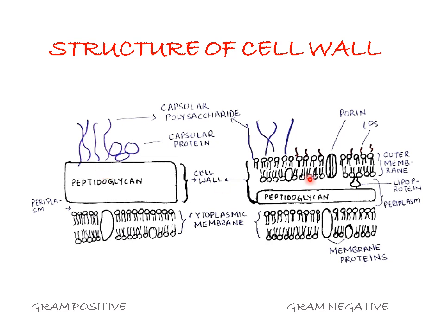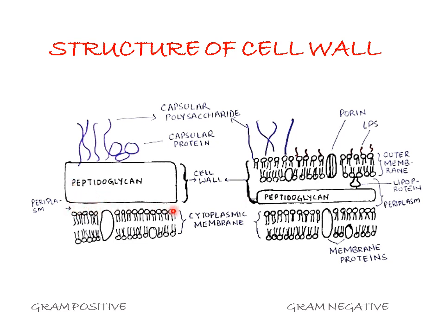Now let's have a look at the structure of the cell wall of gram-positive and gram-negative organisms. On the left side, there is the structure of the gram-positive cell wall. This you can clearly see is simpler when we compare it with the cell wall of a gram-negative organism. After the plasma membrane, which is not a part of the cell wall, there is a layer of peptidoglycan which is thicker as compared to that of gram-negative organisms.